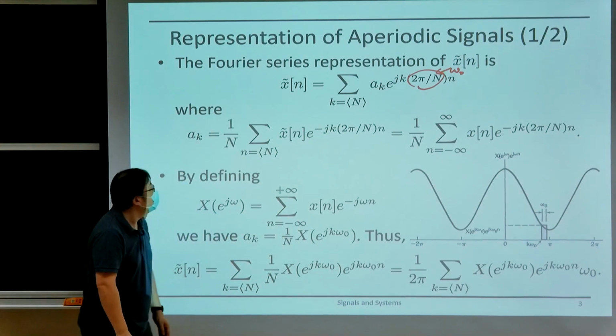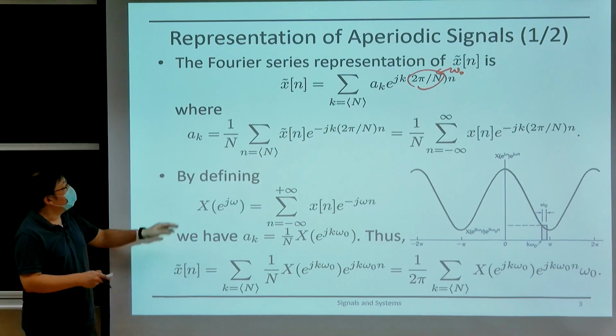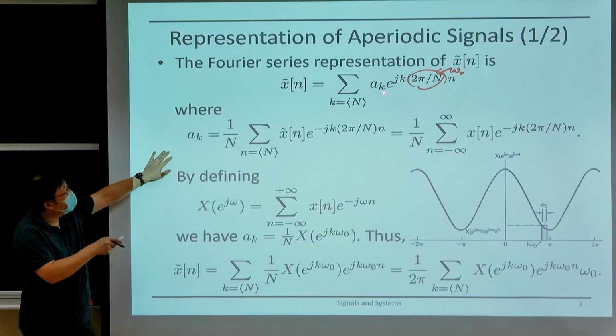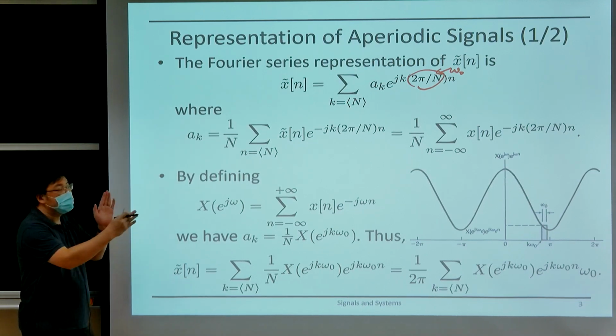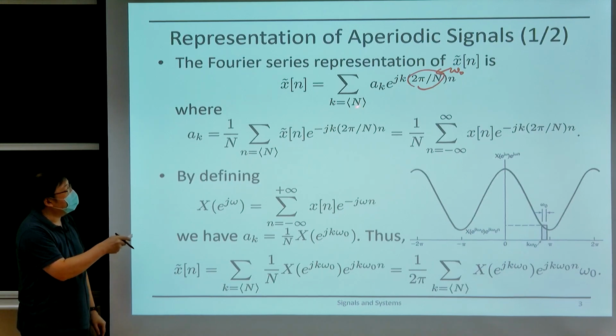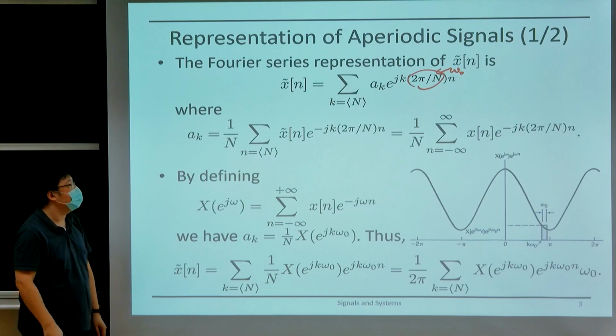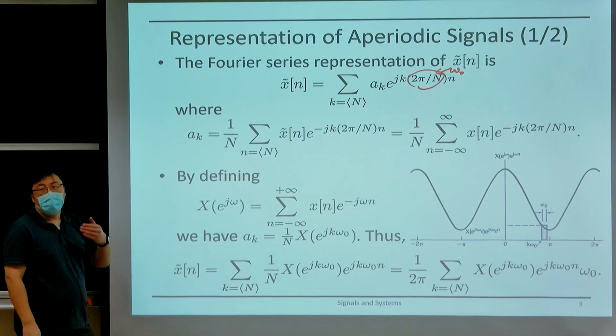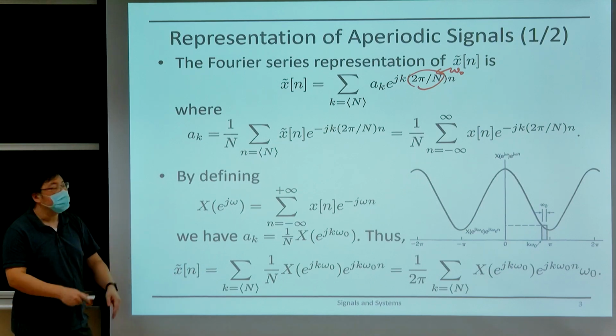Okay? And one thing you need to be careful with is that we are summing over one period, right? We're summing over any capital N consecutive integer values of n. Okay, so this could be 1 to N, it could be 0 to N minus 1, or anything like that. Okay?